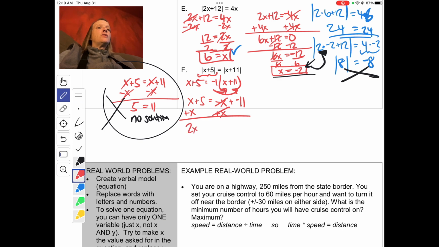I have 2x now on the left-hand side. I still have a positive 5 on the left side, and I still have a negative 11 on the right side. But I can subtract 5 from both sides of the equation. So I get 2x equals negative 16.